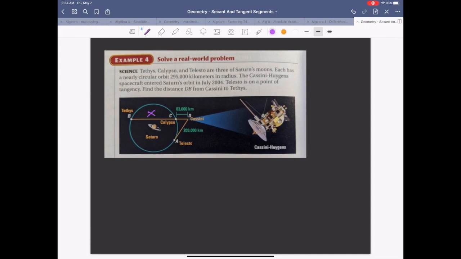So we can call that X. So I know that if I take the whole thing, X plus 83,000, if I multiply that by the external segment, the 83,000, that's going to be the same as this tangent squared. So I'm just going to put that at 203,000 squared.